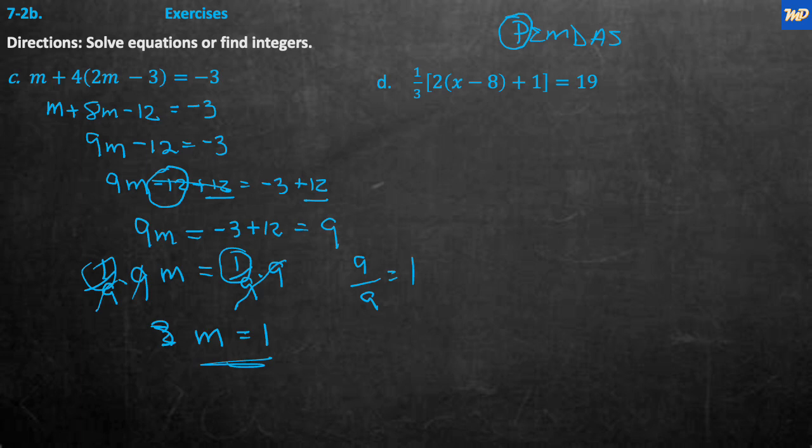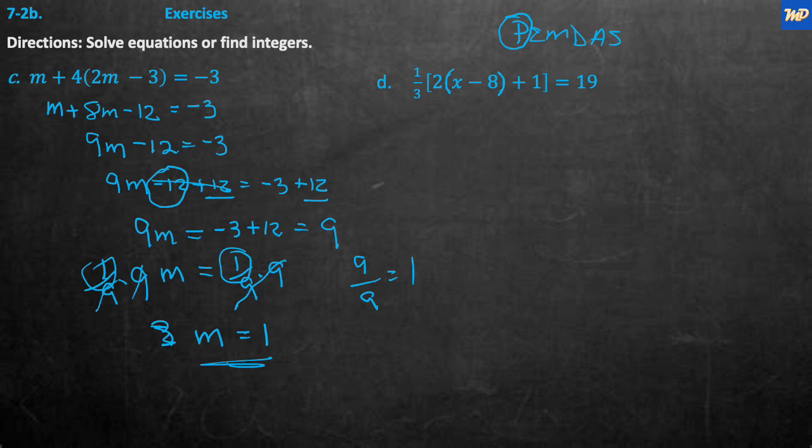And you have to go to the most inner one. The most inner one happens to be this one right here, because these parentheses are inside of these brackets. So you have to resolve this before you can do any of this. You can't take care of this distributive property until you do this.